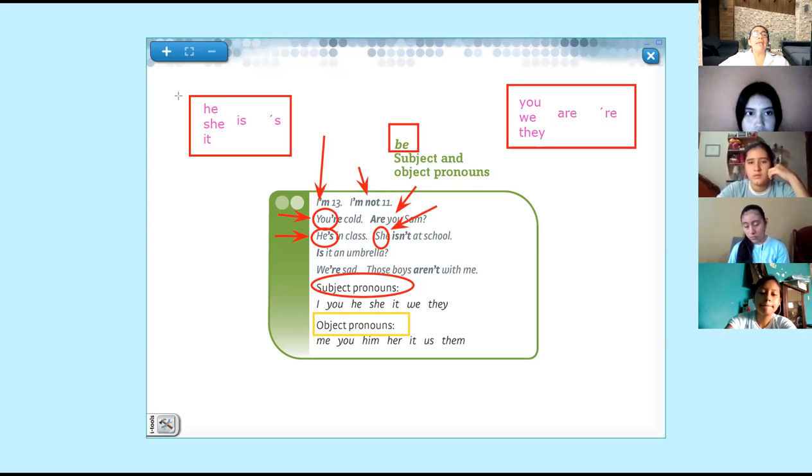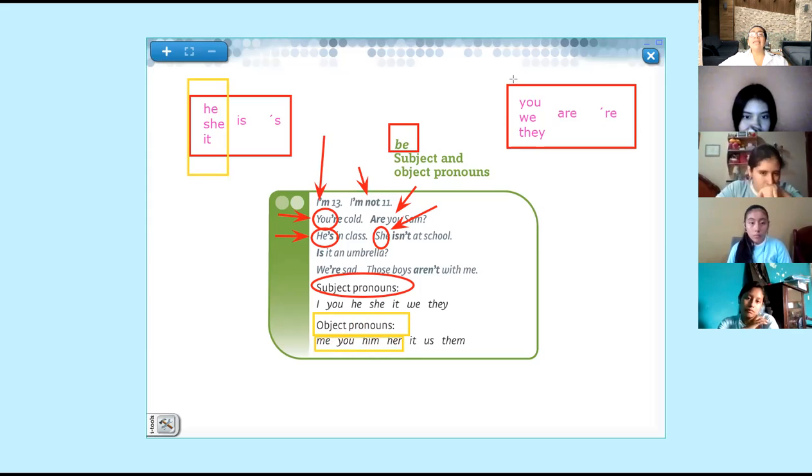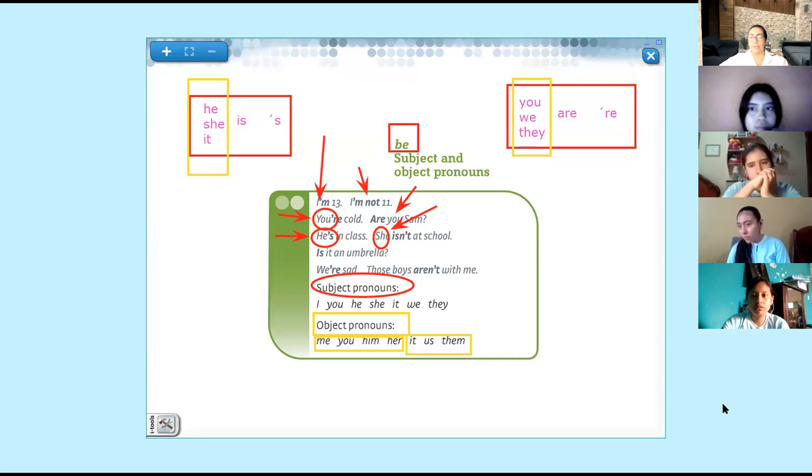The same way that you have these personal pronouns, the same way you are going to find these, and they refer specifically to this part of the activity that we are going to work on today in this part of the class.